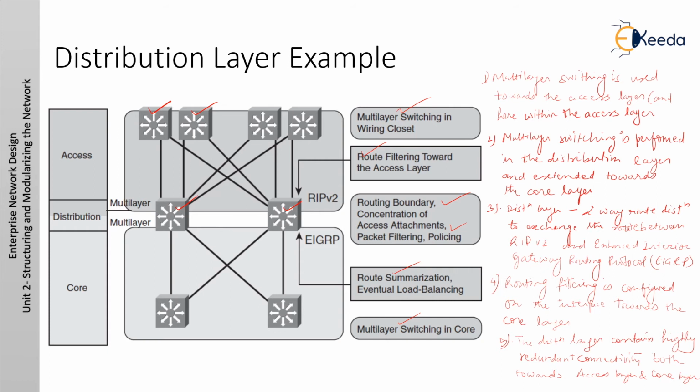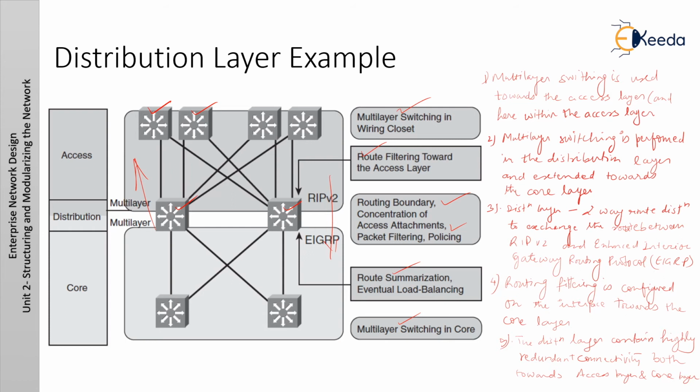Route filtering is configured on the interface towards the access layer. Route summarization is configured on the interface towards the core layer.